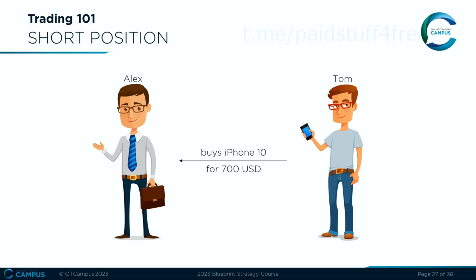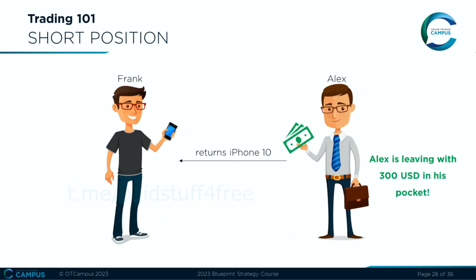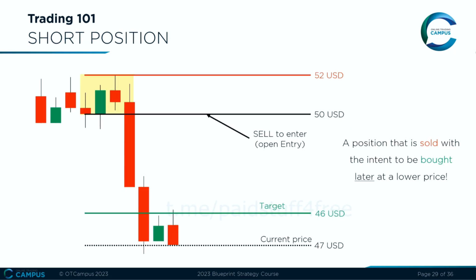So he buys the iPhone 10 from Tom for $700, which is a good deal for him, right? And now Alex goes back to Frank, who wants his iPhone back, and Alex returns Frank's iPhone 10, but is leaving with $300 of profit in his pocket. And that's exactly how shorting would work.